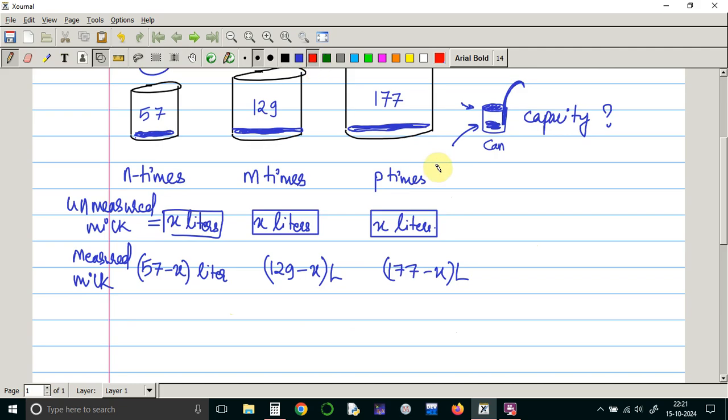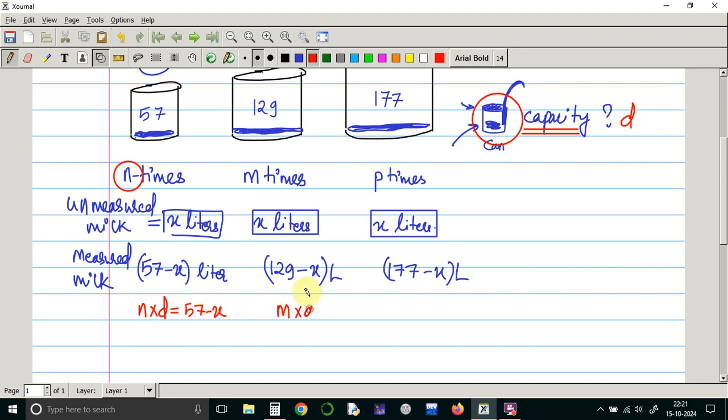And what do I mean by measured with this can? So n times I have taken out milk from this jar. So n times the capacity of this can, let's say d liters, n times d will be equal to 57 minus x.